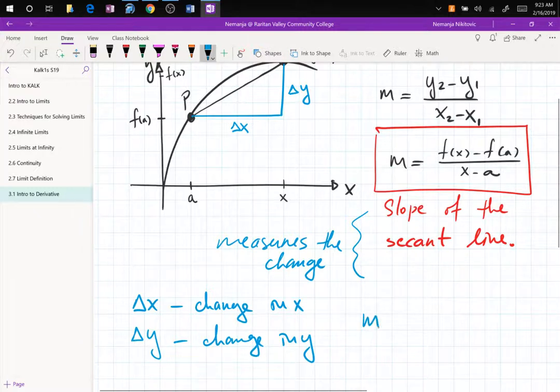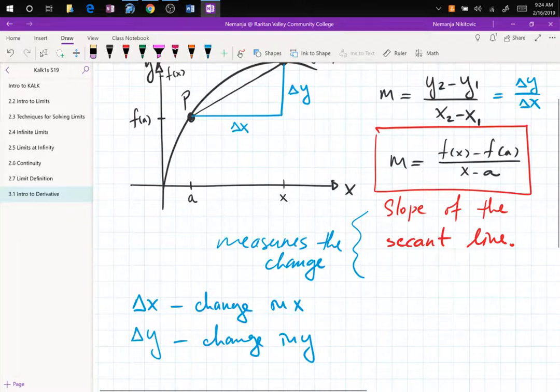So you can write this slope as delta y over delta x, which is exactly, you know what, let me write it here, since I already have it. There you go. So you can quickly express the change, which is just a subtraction of two values. So we can measure the change using this slope.